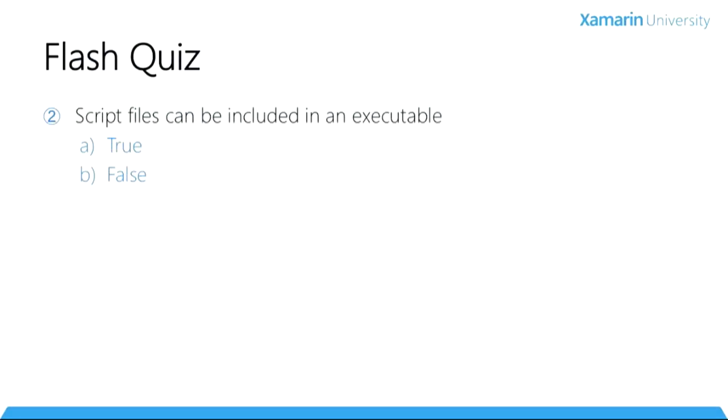Script files can be included in an executable. True or false? And the answer is false. Script files won't be included in your executable. They'll be part of your project, but they won't be compiled into the end executable.